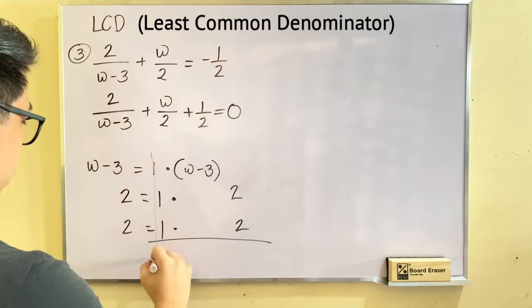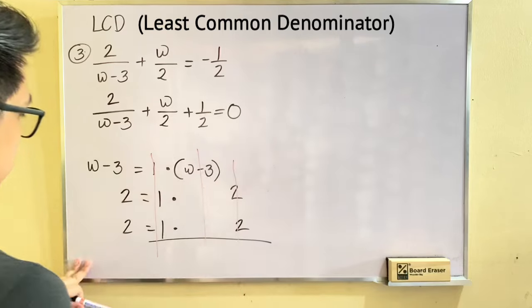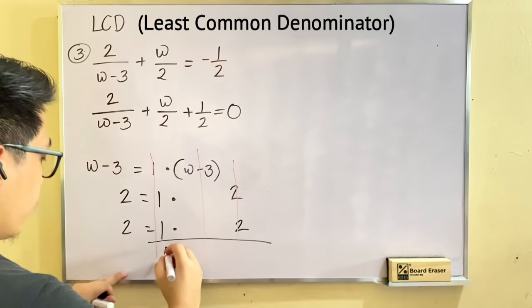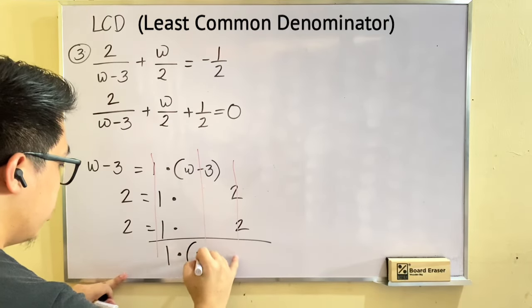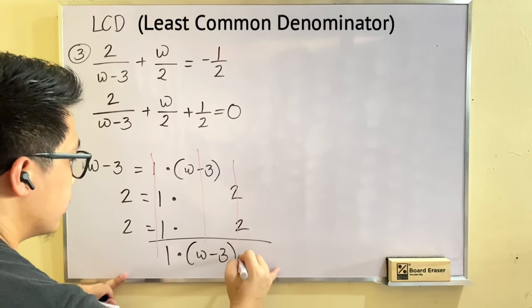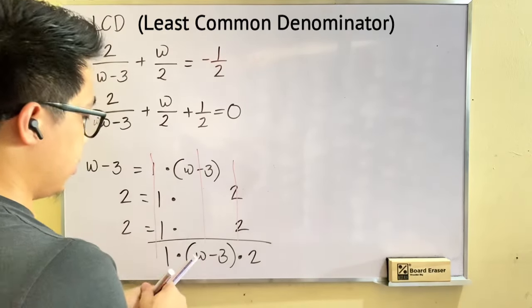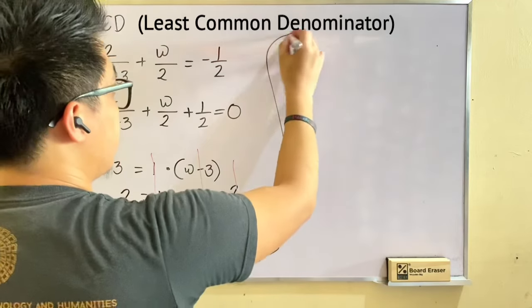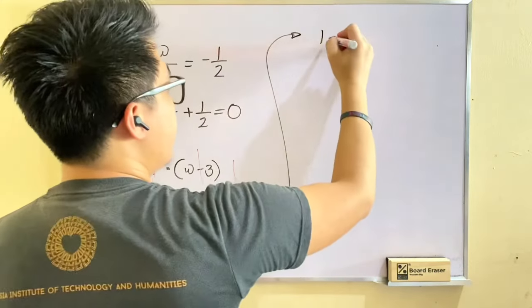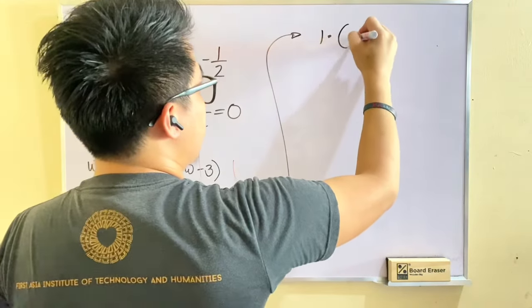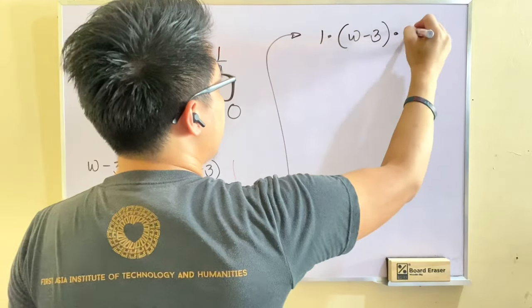Pagtapat-tapatin lang ulit ang magkakaparehas. So, ang mangyayari, 1 times W minus 3 times 2. Kung isi-simplify, simplify natin siya. So, dito natin siya i-simplify.